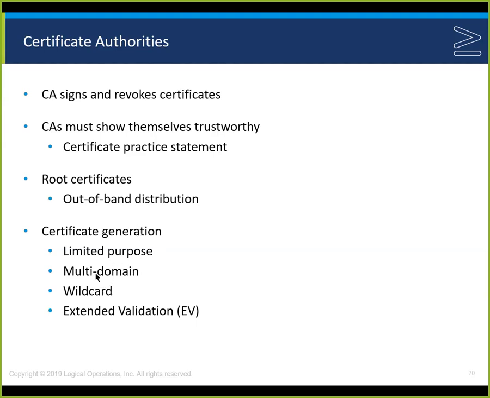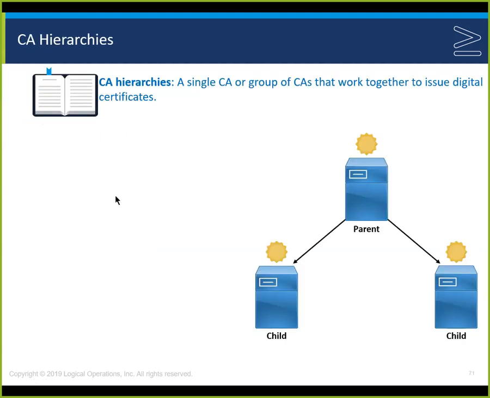Wildcards, and then the multi-domain, we looked a little bit about that. That site used to use a wildcard certificate, but they've gone to the alternative names, the list of names that are available on the certificates. The hierarchies that are used in here, the single certificate authority or a group of certificate authorities, the parent and the child.